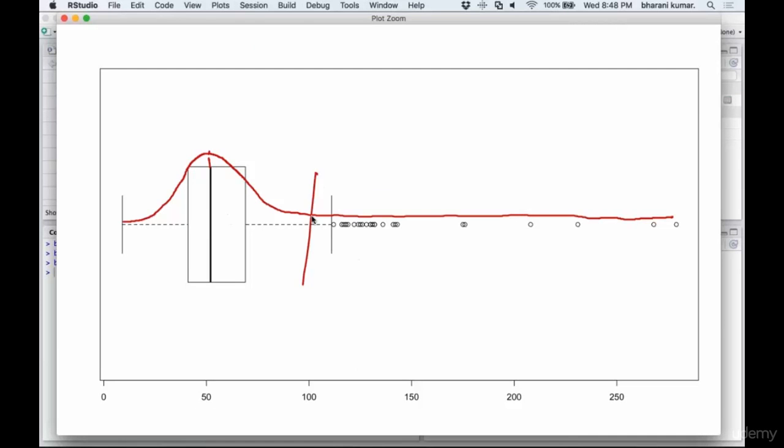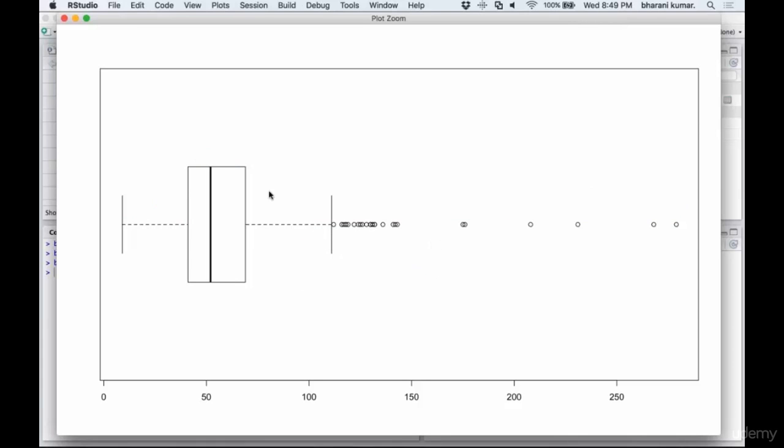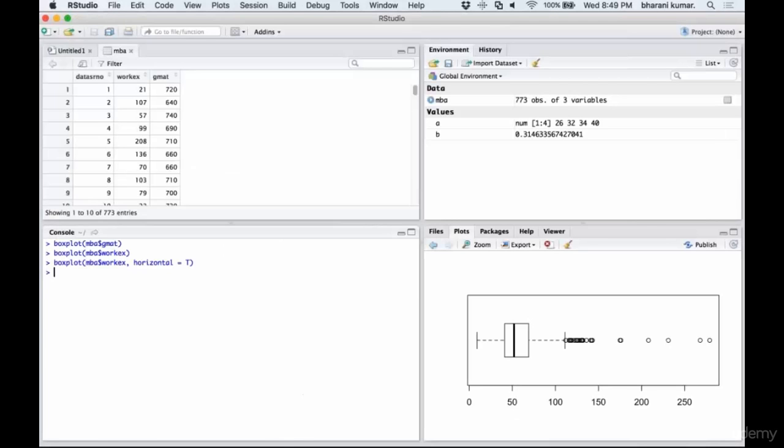And you know for a fact that this is skewed towards the positive side or the right side. This is right skewed data. In this way, a box plot will also help you identify the distribution of the data. Such small visualizations, but the wealth of information that they give is amazing.